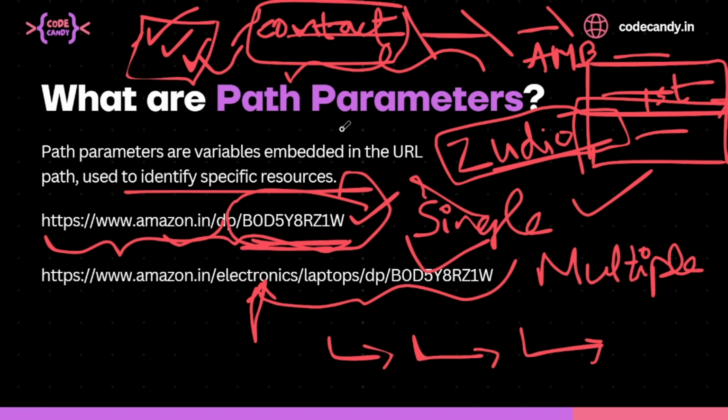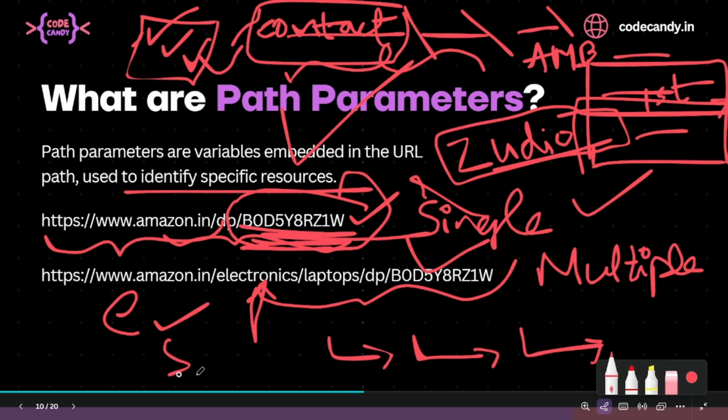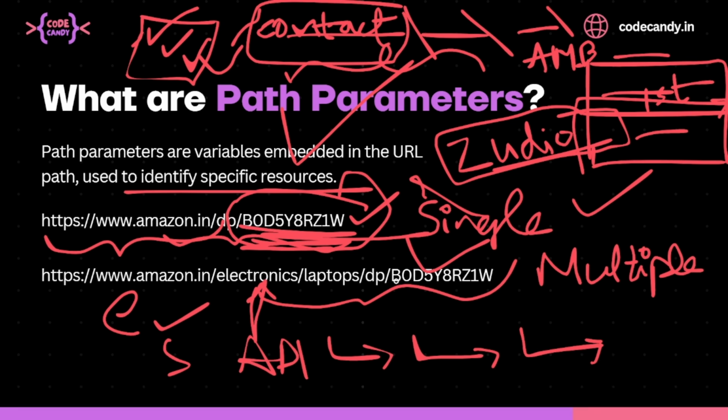This is called a path parameter. A path parameter is like a variable in the URL path. It is used to pinpoint specific resources. These are often used in e-commerce, social media, and to call API endpoints in Swagger or Postman. So whatever it may be.